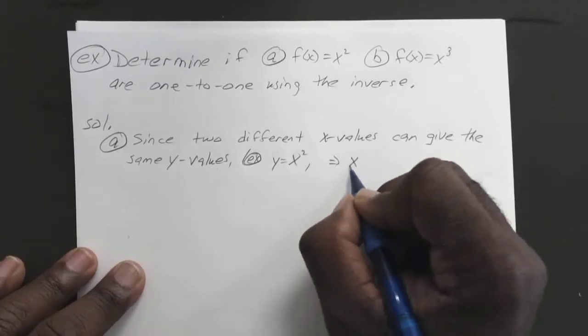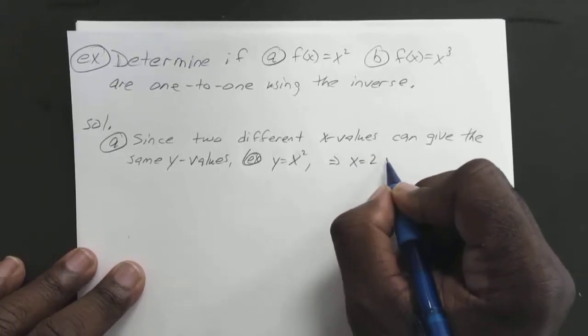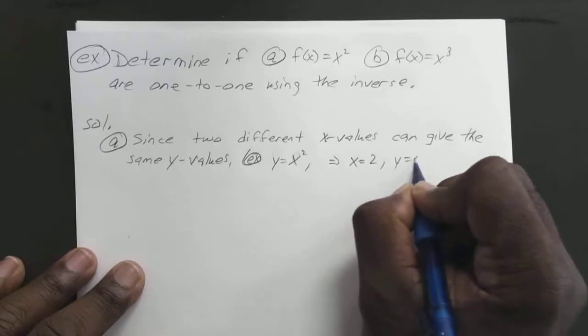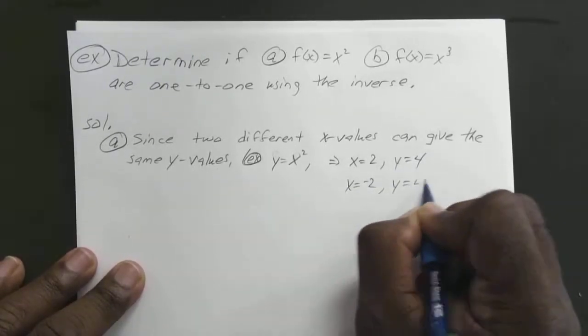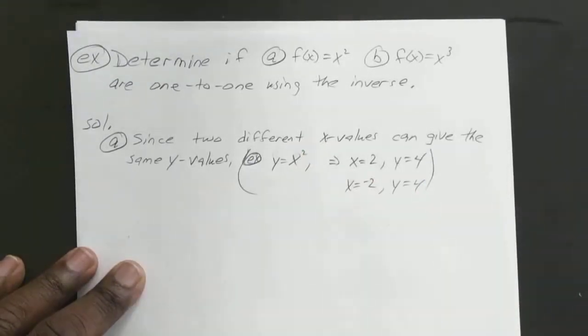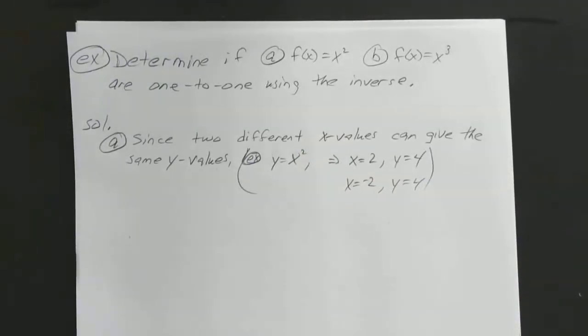That means that, let's say, x equals 2 will give you y equals 4, and x equals negative 2 will give you a y equals 4. Okay, so you can't have 2 and negative 2 giving you the same number, so you know it's not 1 to 1.